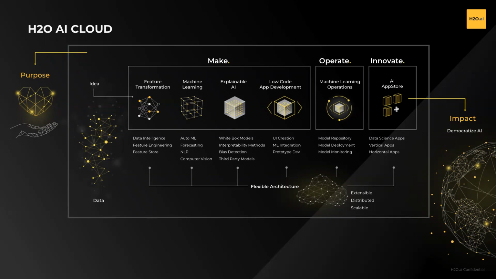H2O AI Cloud is a name given to a platform that encompasses a few core components or products of H2O, right from H2O Driverless AI to H2O-3 to AI App Store, H2O Hydrogen Torch, H2O MLOps, and some other H2O package services. Together, that toolkit is known as H2O Cloud.